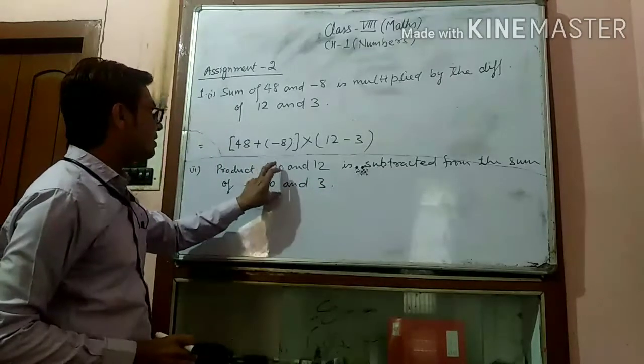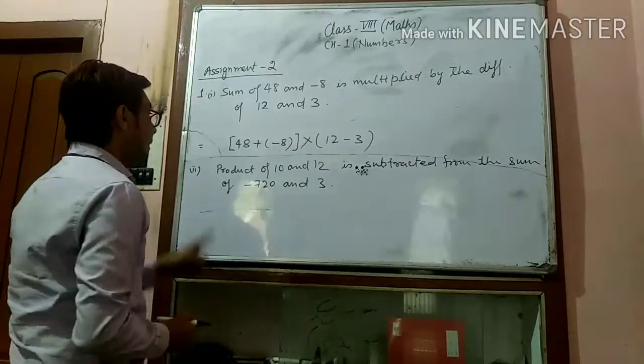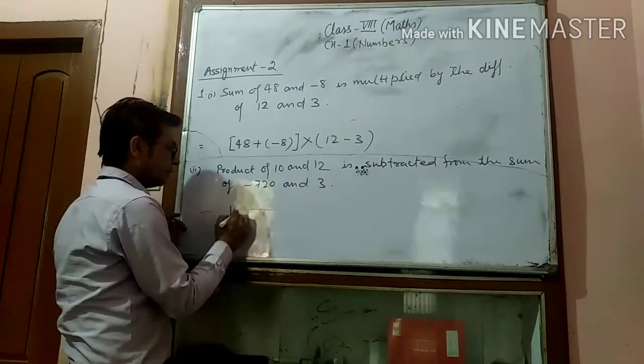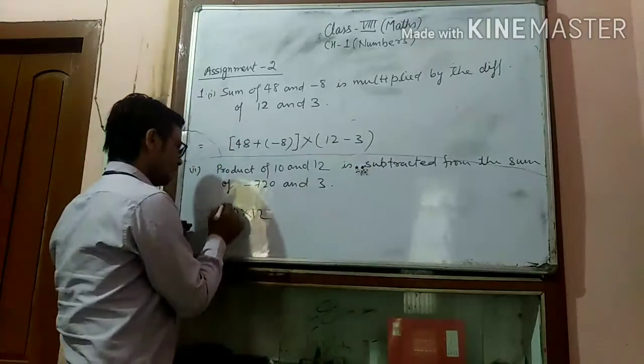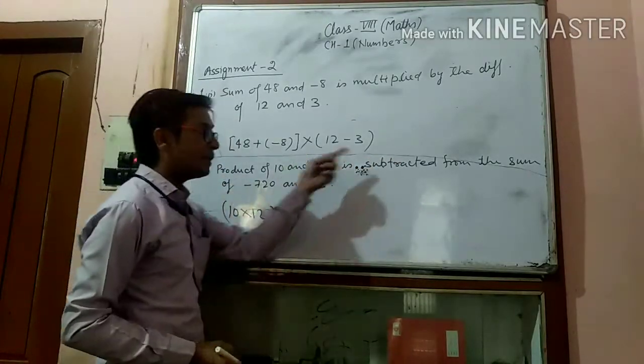Now change this into this form. Product of 10 and 12, like this, is subtracted from. Now you take it in bracket.